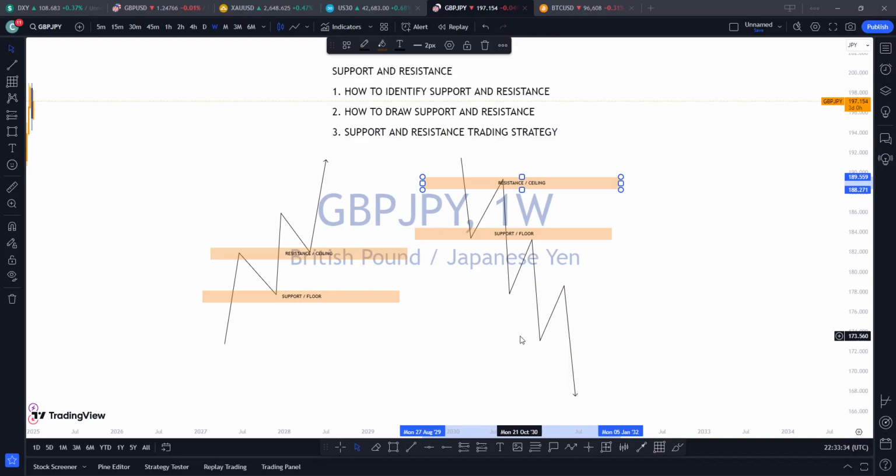Those are more advanced understandings, and support and resistance can vary. Not every zone you see should be a support or a resistance.